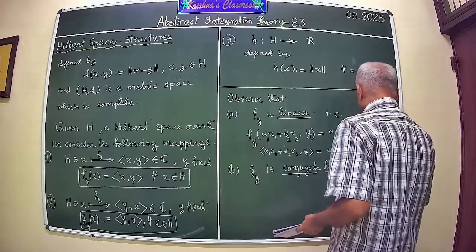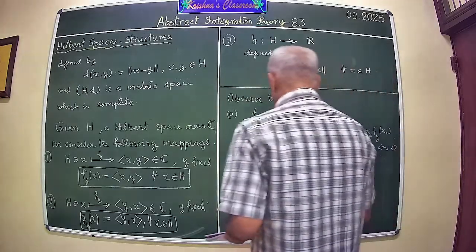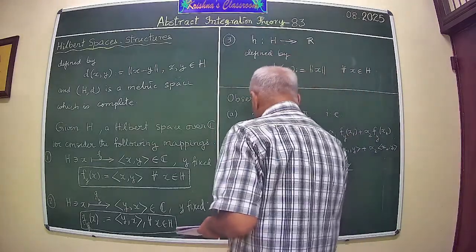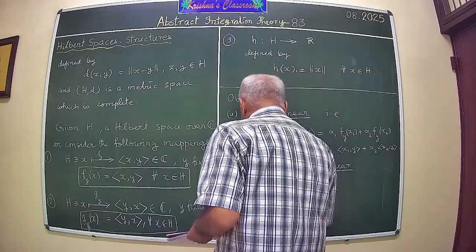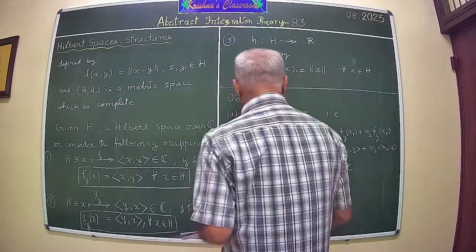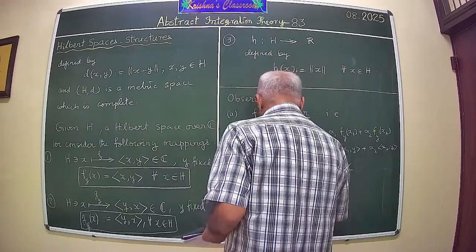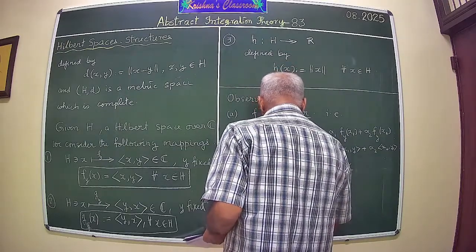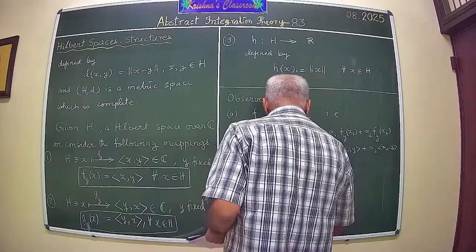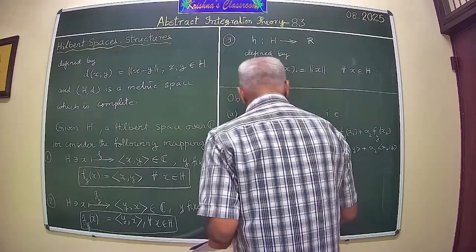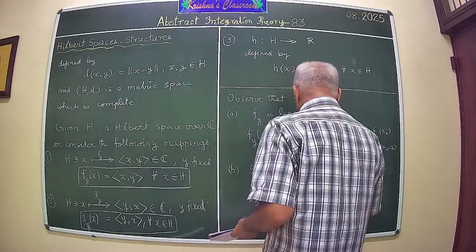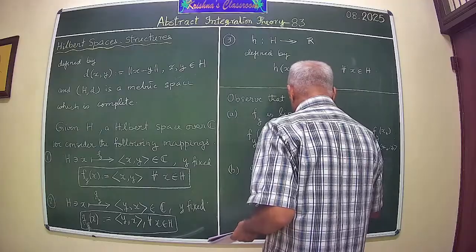That is, you have Gy of alpha 1 x1 plus alpha 2 x2, where alpha 1 and alpha 2 are complex numbers.